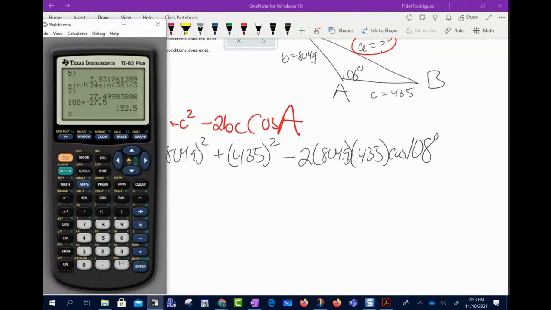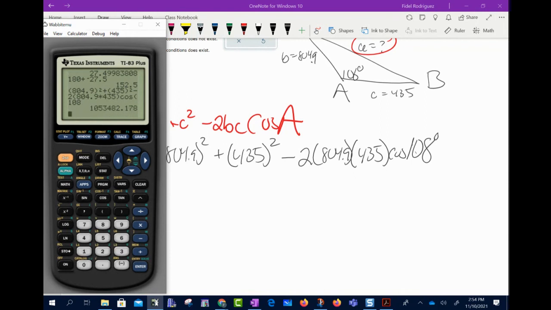Okay, so let's go super slow. 804.9 squared plus 435 squared minus 2 times 804.9 times 435 times the cosine of 108.